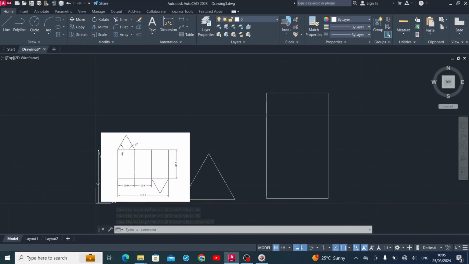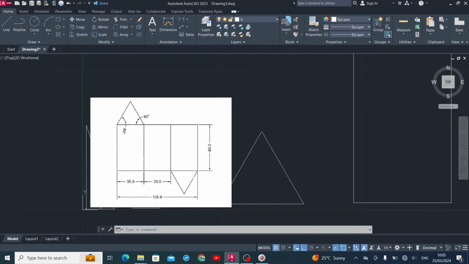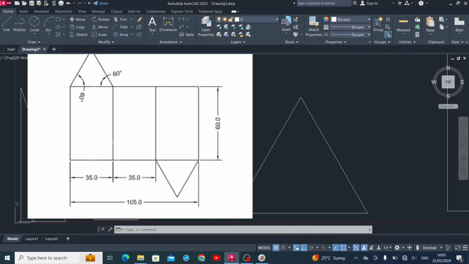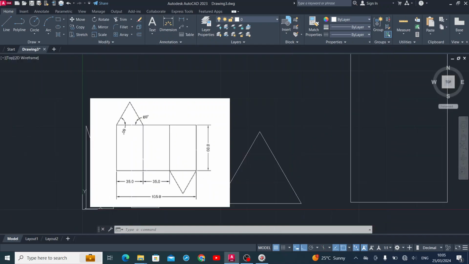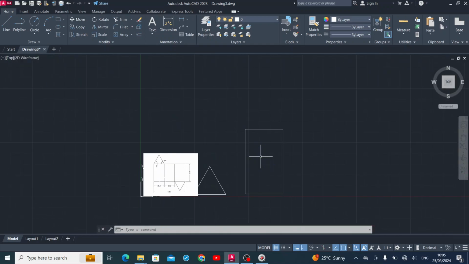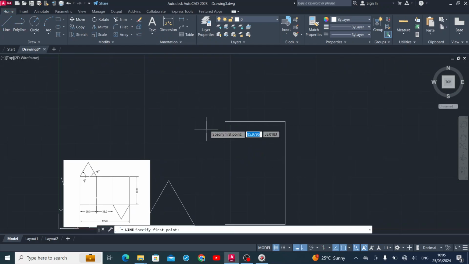Next, the angle. To give the angle, you should see if they have given the inclined length. They have not given the inclined length, but they have given this one side. One side is 35, which means the same 35 we can draw here. From here to here it is 35.